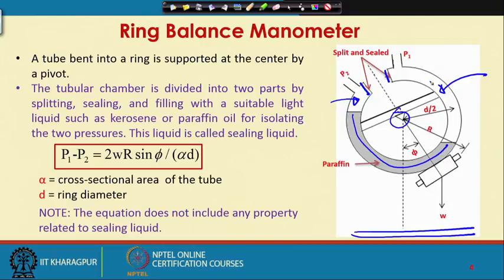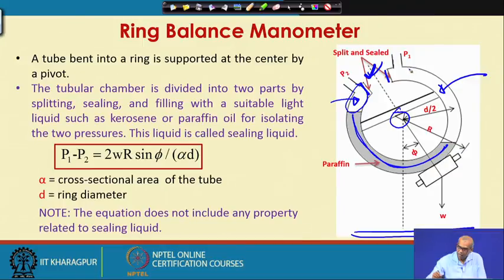So, a ring which has a partition here, inside that I take sealing liquid. So, I basically create one chamber here, I create another chamber here. The liquid that I take inside is known as sealing liquid, and common sealing liquids are kerosene and paraffin oil.